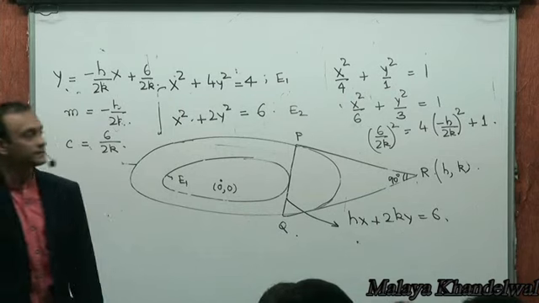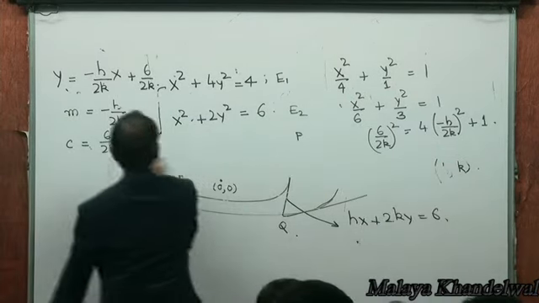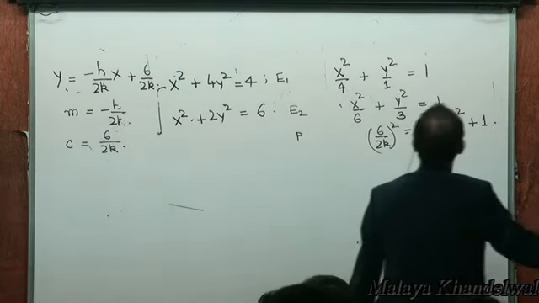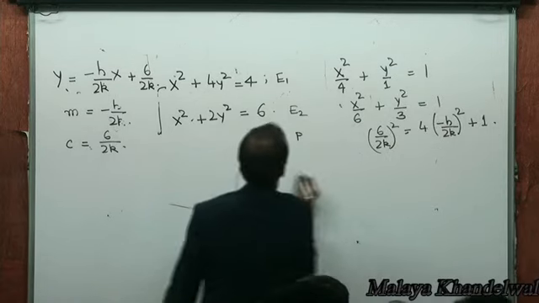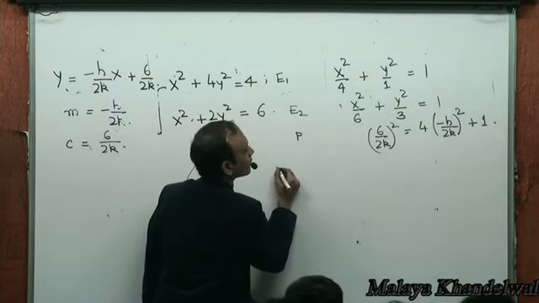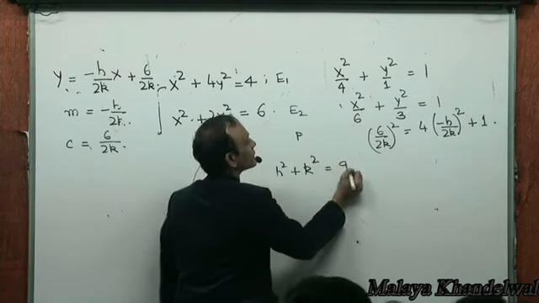Tangent to the first ellipse, which gives me h squared plus k squared is 9.